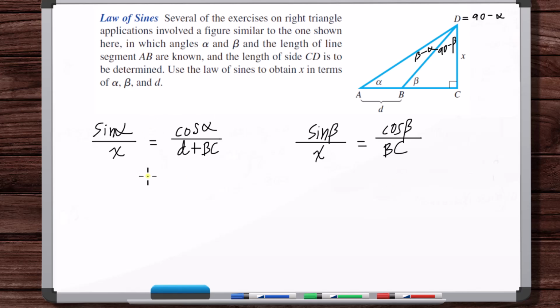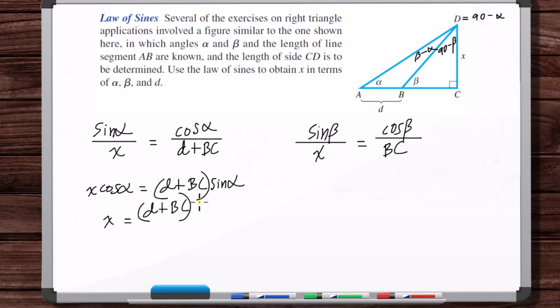Okay, so now let's solve this for x. So x cosine alpha is equal to (d plus BC) sine of alpha. So x is equal to (d plus BC) sine of alpha over cosine of alpha.